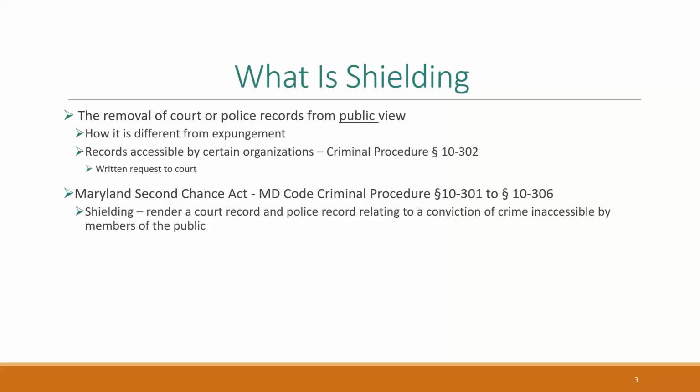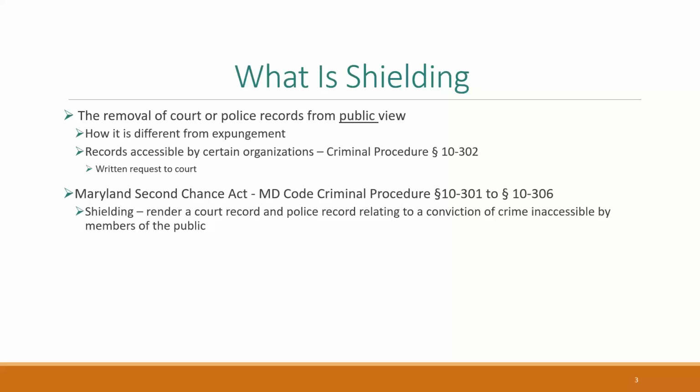So as we all know, court records are almost 100% of the time a matter of public record. Anyone can go to the courthouse, to the records room, look at a case, look at a case file. They can be viewed on Maryland Case Search. What shielding does in the context of criminal cases is it removes that case from public view.